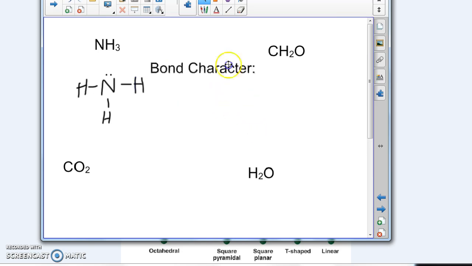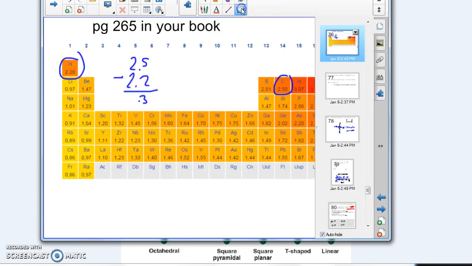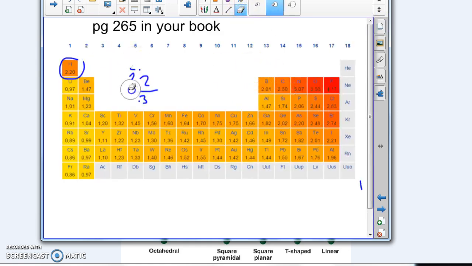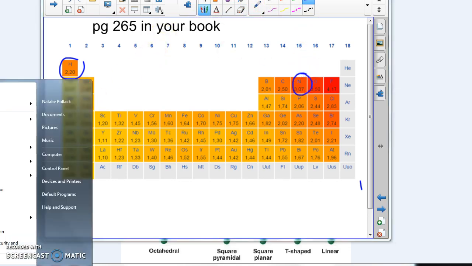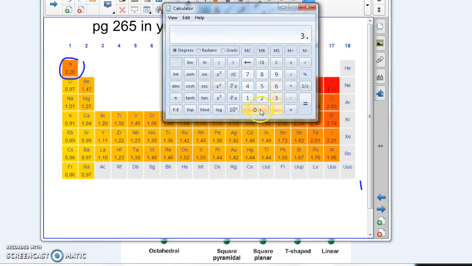Let's look it up. We need nitrogen and hydrogen. We have hydrogen still. Now I have to look up nitrogen. Nitrogen is 3.07. So we'll take 3.07, take away 2.2, and we'll get 0.87.